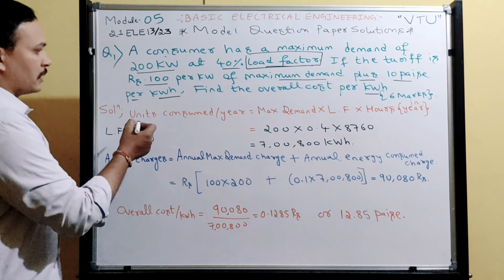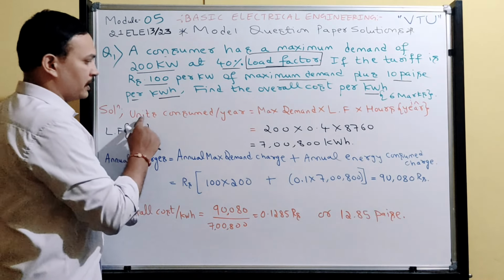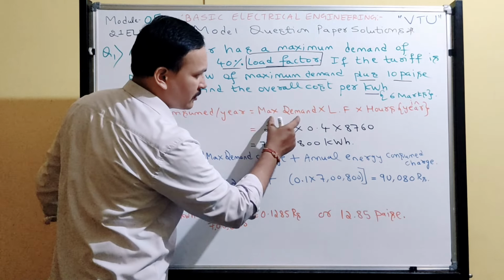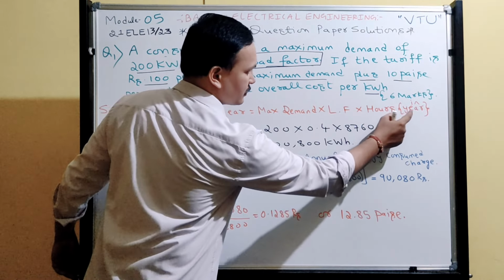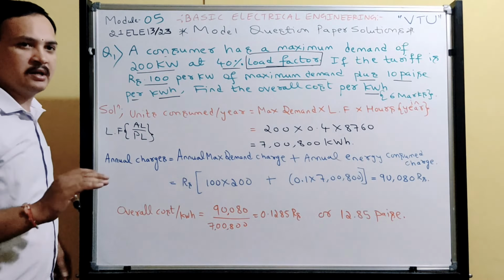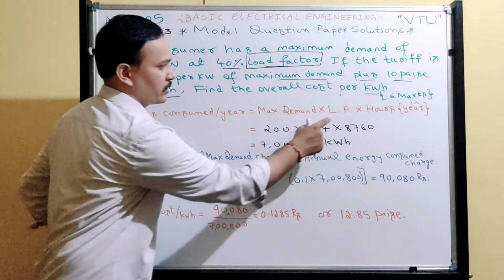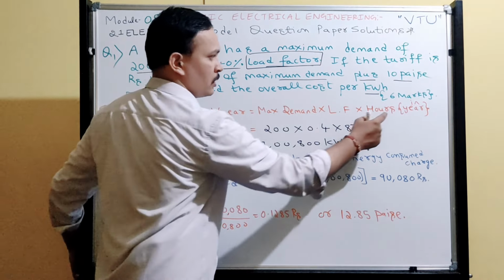Therefore, I am doing all calculations per year, per annum. Units consumed per year is maximum demand into load factor multiplied by hours in a year. How many hours in 1 year? The maximum demand given is 200 kilowatt, into the load factor of 40%, which as a fraction is 0.4, into 24 hours per day.